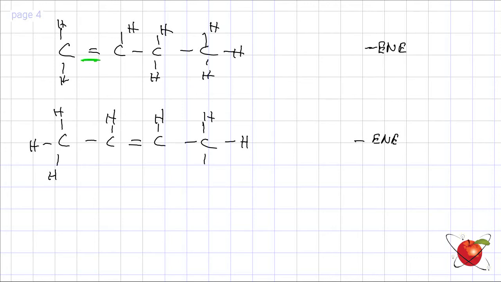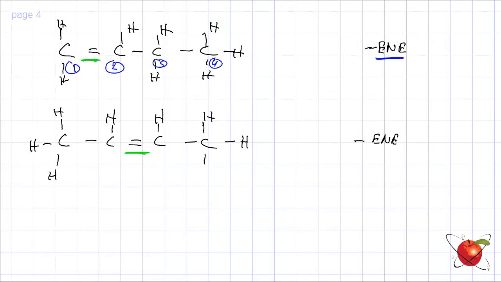This one is between there and there. This one is between there and there. Now step 2: this is a double bond, so we are going to label it from the end closest to the functional group, which is the ene.